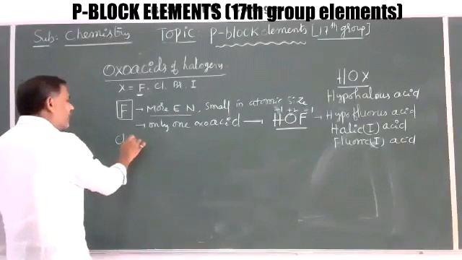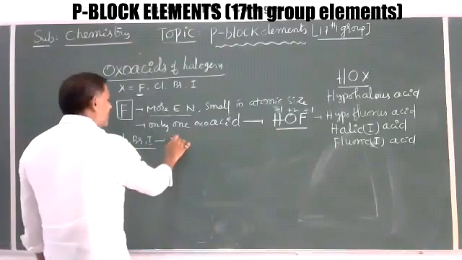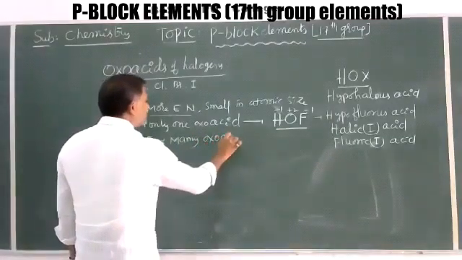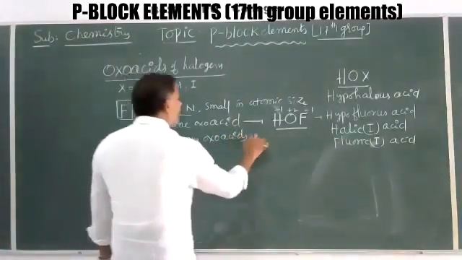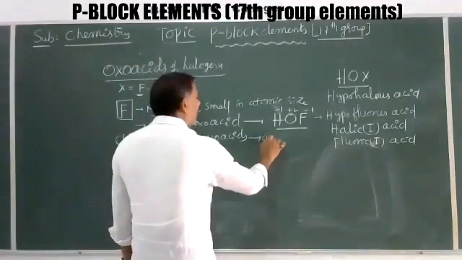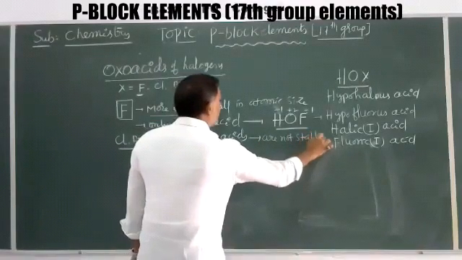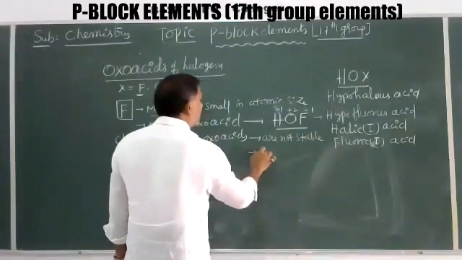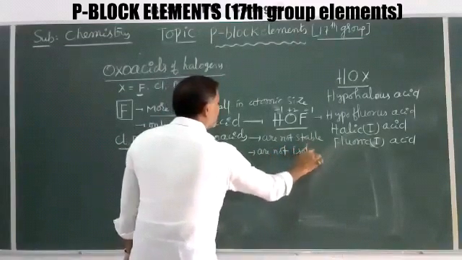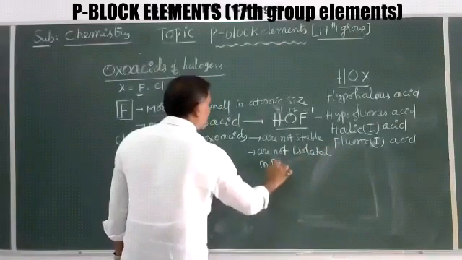The remaining halogens, chlorine, bromine and iodine, form many oxo acids. These oxo acids are not stable and are not isolated in pure state.